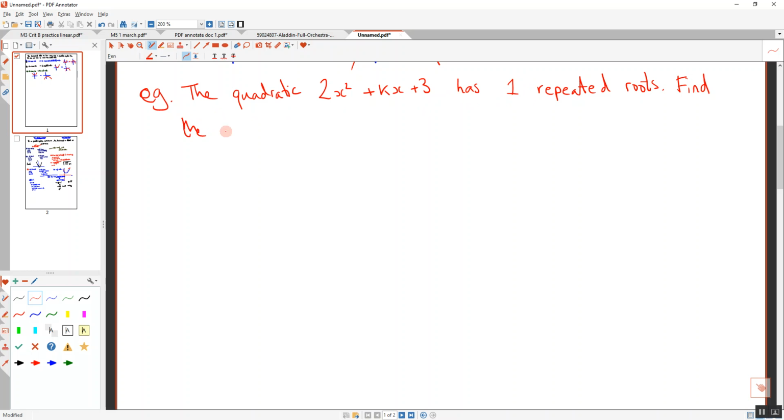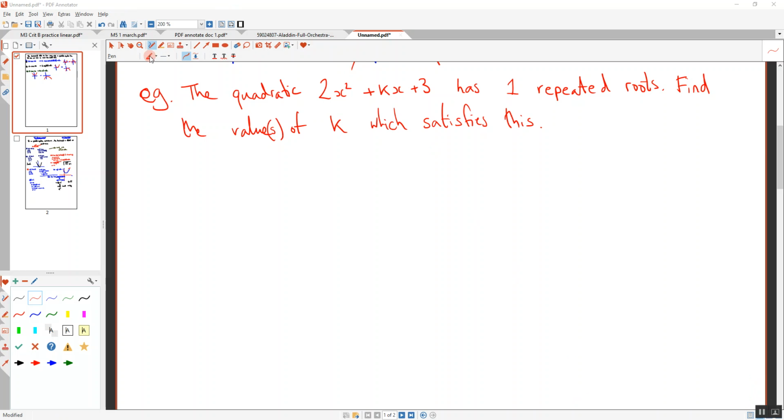Find the values of k which satisfy this. So that means there may be more than one answer, okay? And so you have to find the values of k to make this have only one repeated root.